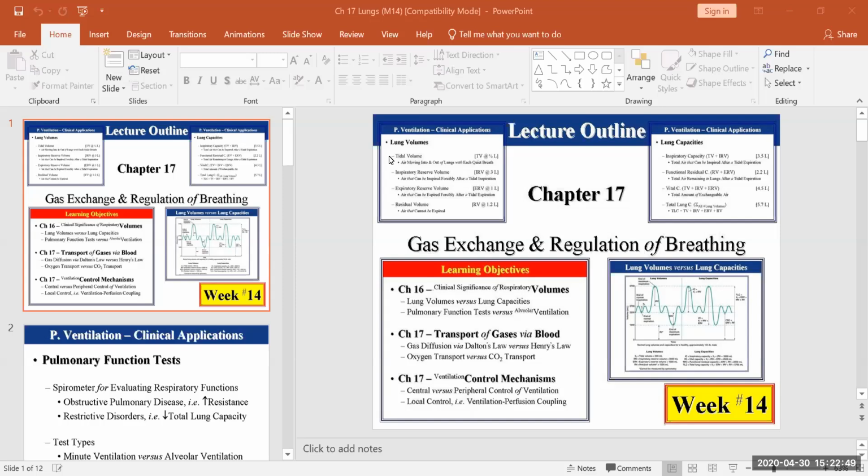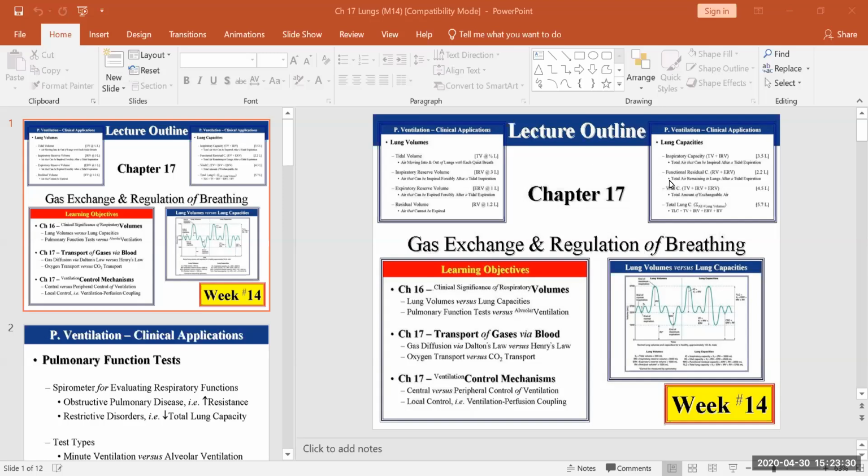And that volume is around 3 liters or 3,000 ml, okay? So it is air that can be inspired or inhaled forcefully after a tidal inspiration. Following a tidal breathing in at rest, you forcefully push more air into your lungs. That's an additional 3 liters on top of the half a liter that you breathe in at rest. So that's basically 3.5 liters total volume with inspiratory reserve volume.